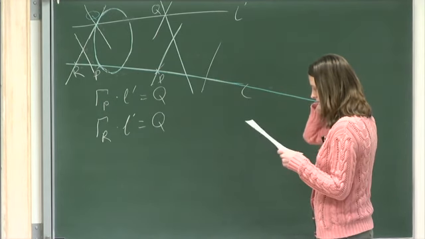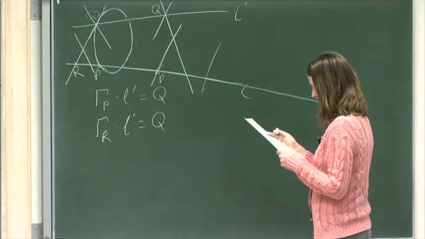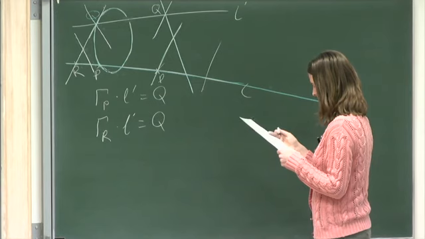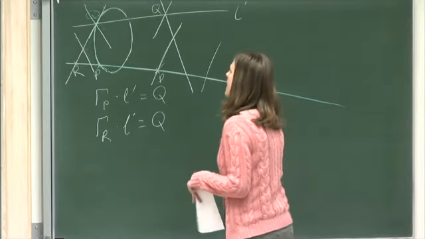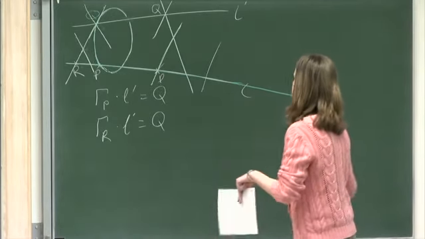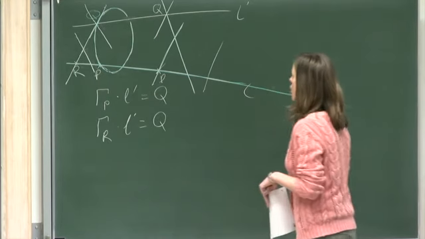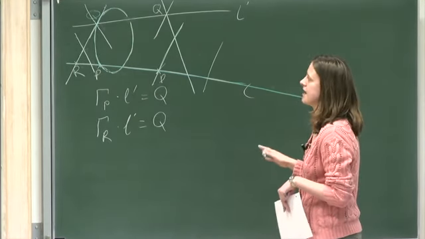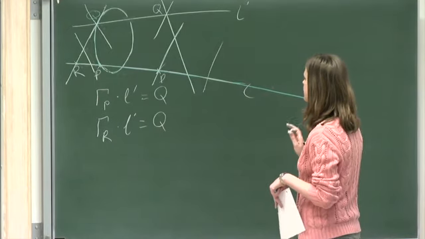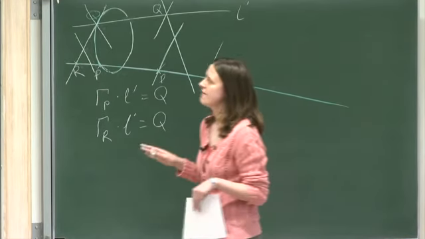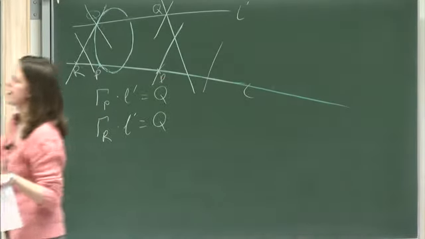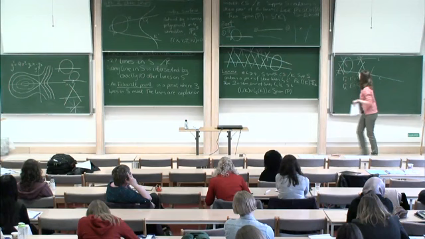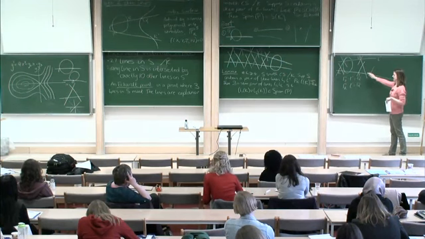Now, we have a limit to the number of Eckart points we can have on a given line. Basically, there's exactly one point with a given tangent plane.